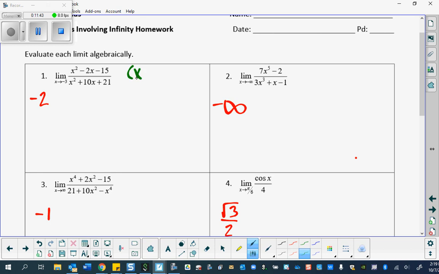This becomes x plus 3 and x minus 5. This becomes x plus 3 and x minus 7. Once I get rid of those x plus 3's, then the thing that was making my denominator go wacky, get rid of it. Unplug it.